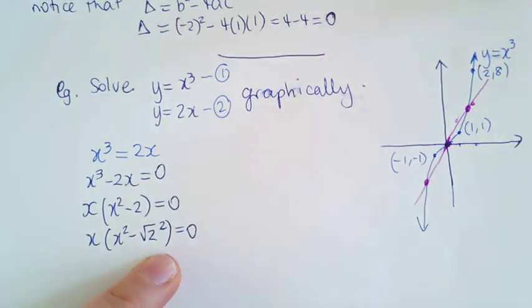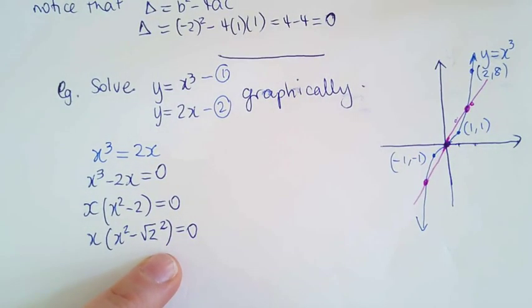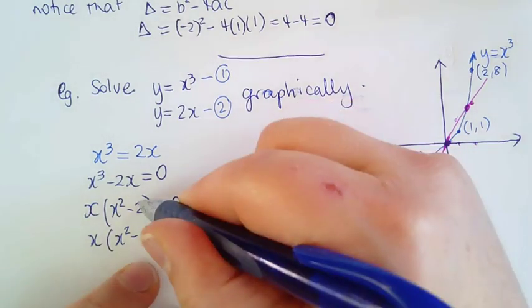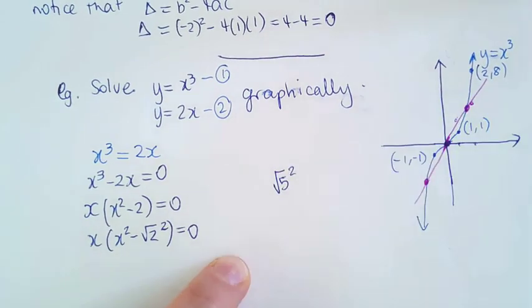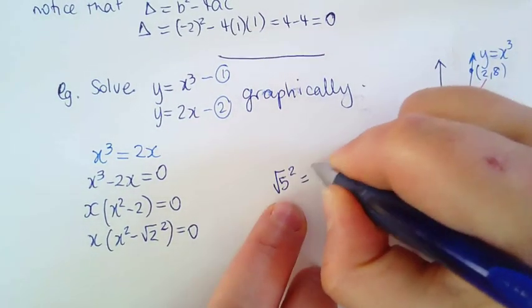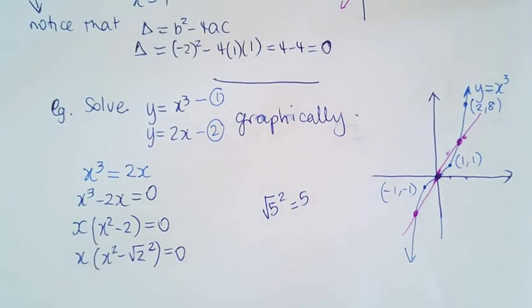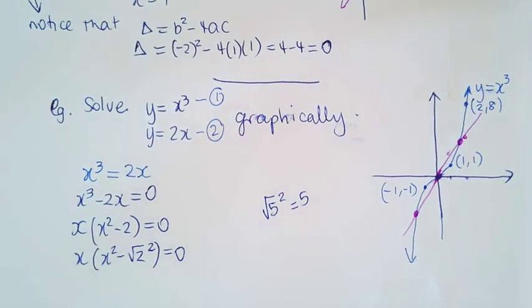If it was x squared minus 9, you would write x minus 3, x plus 3. But I don't have a square number. What I can do is use that any square root squared, for example the square root of 5 squared, is 5. So I can write 2 as a square number, the square root of 2 squared.